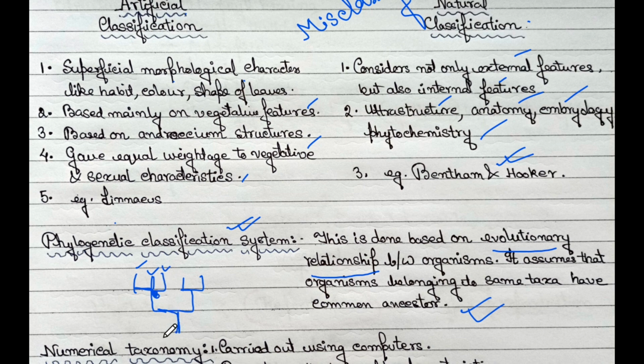Organisms A, B, C will have a common ancestor, A minus, so A, B, C will be placed in a single taxonomic unit because they come from a single ancestor A minus. The reverse can also be true. This kind of classification is known as phylogenetic classification.